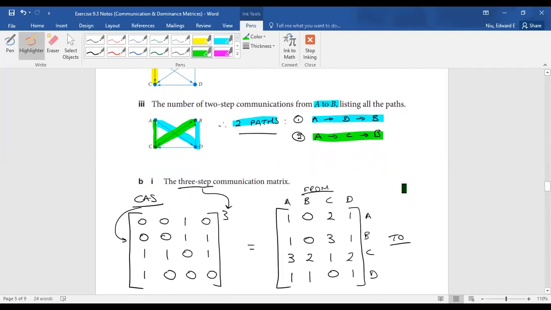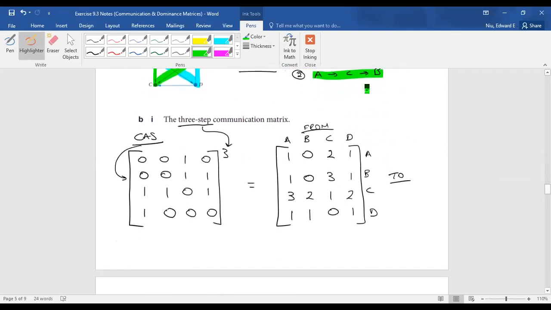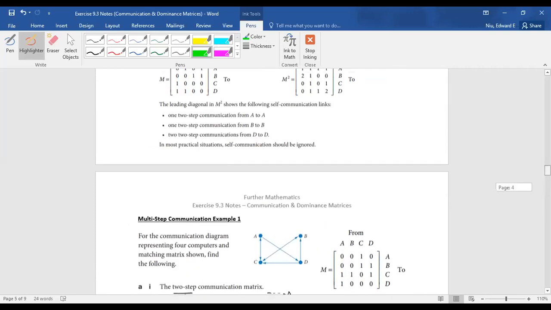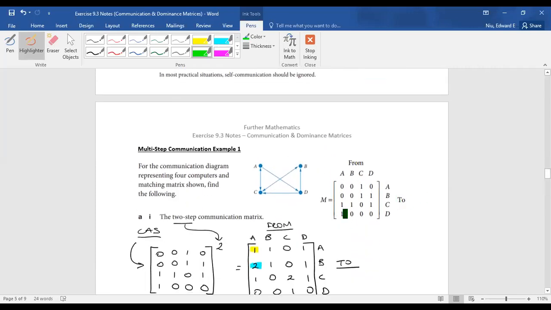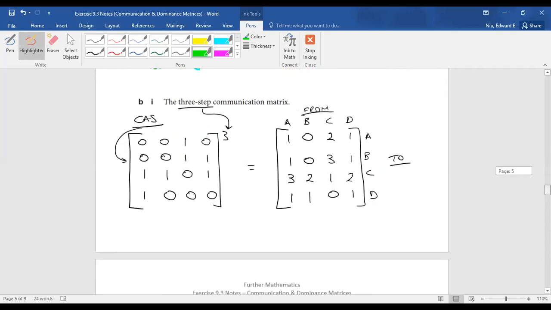Next one says the 3-step communications. So that was 2 arrows is 2 steps. If we were to take 3 paths, what we need to do is we take the original M matrix, this matrix up here, and we power it by 3 using the CAS.